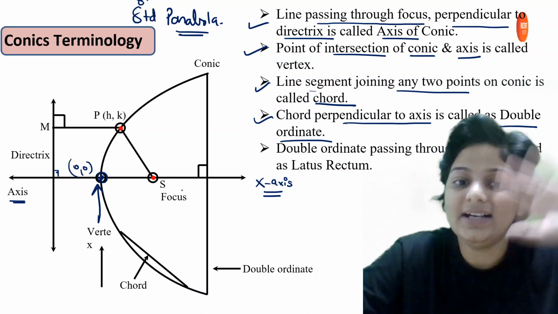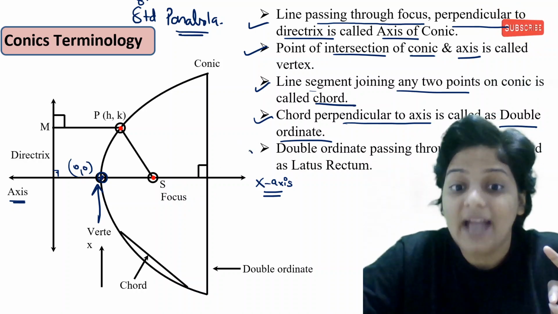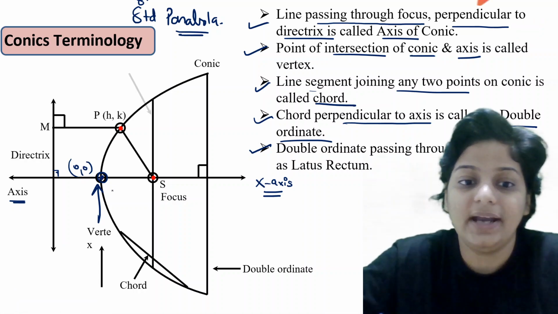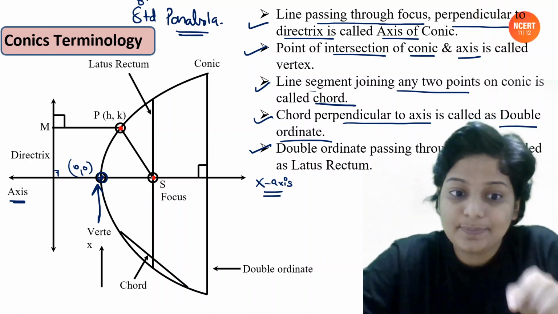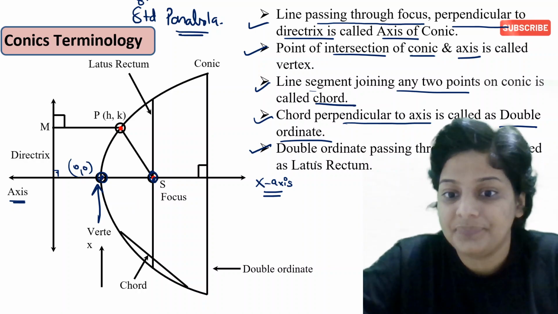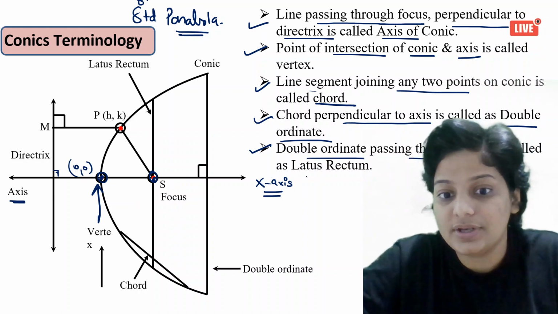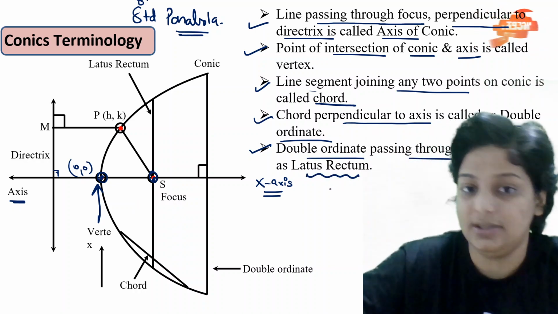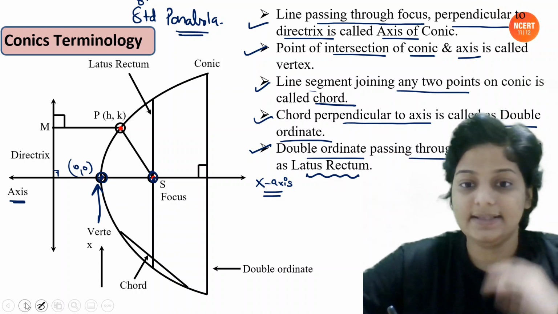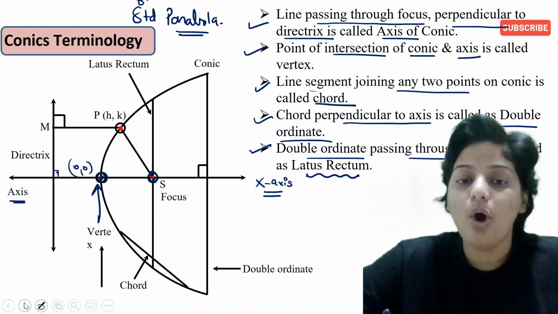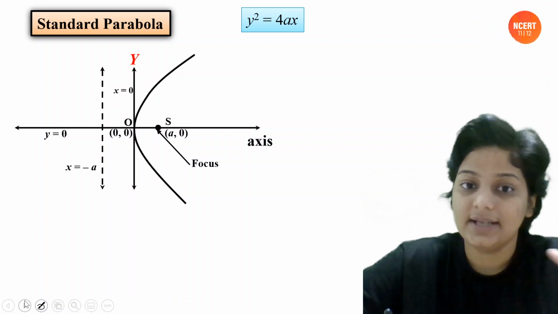It is called double ordinate. And last one, the most important one, when your double ordinate is passing through the focus, it is called as latus rectum. So remember all these different sections of a conic very well.